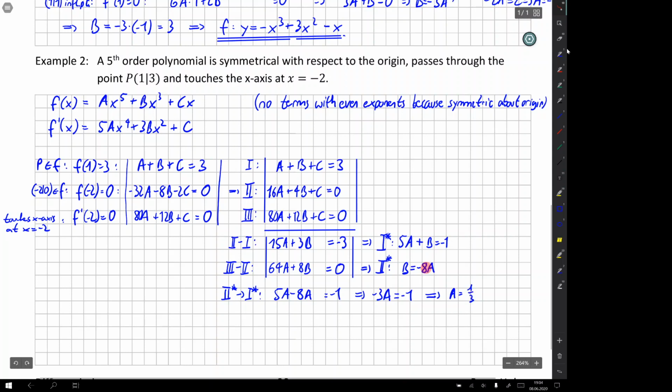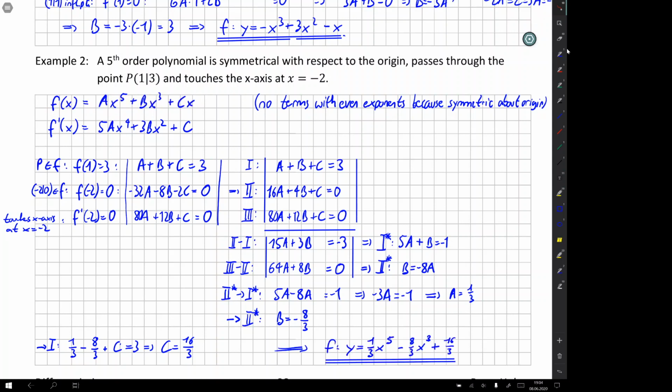Now we can insert that into equation 2 star, which yields that b is -8/3. And now we take these two results and insert them in here, and we find c is 16 divided by 3. So we found a, b, and c, and we can insert them in here. And we find our final equation for our polynomial function is this here.